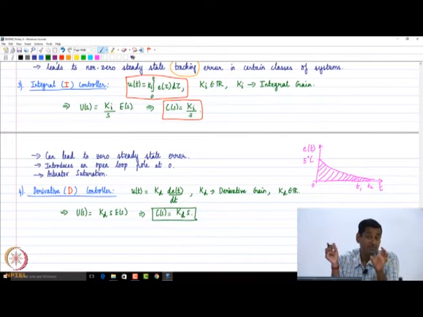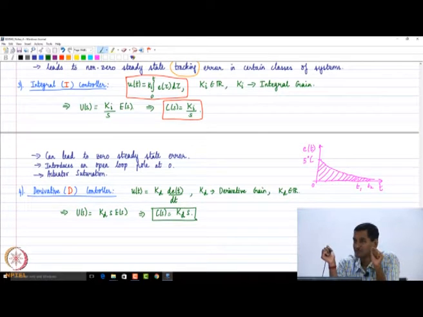If you look at the derivative controller as a block itself, as C of s in your block diagram, as a standalone transfer function in its own right, you see that Kd s is not a proper transfer function.